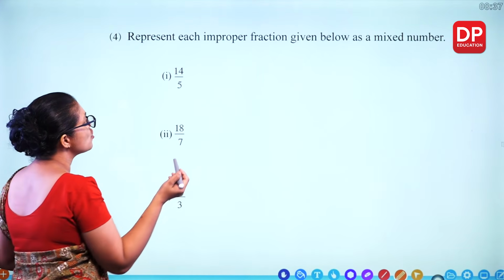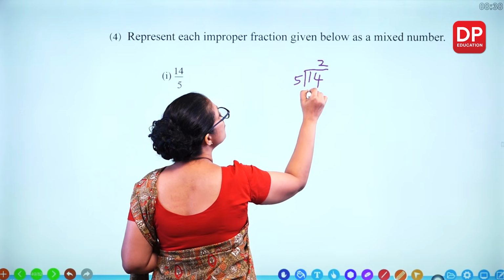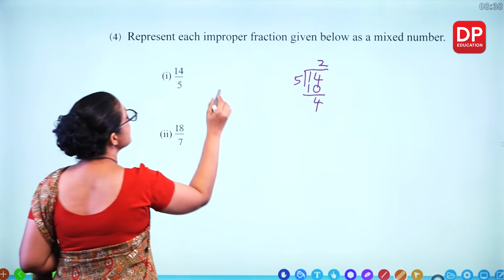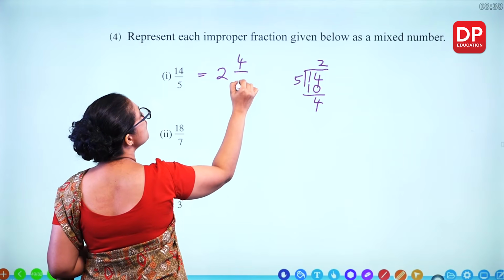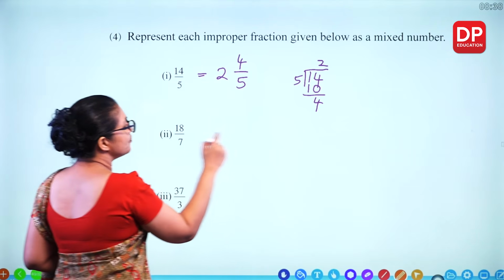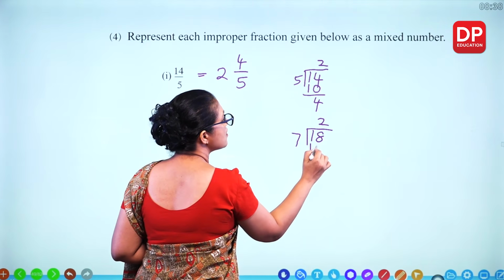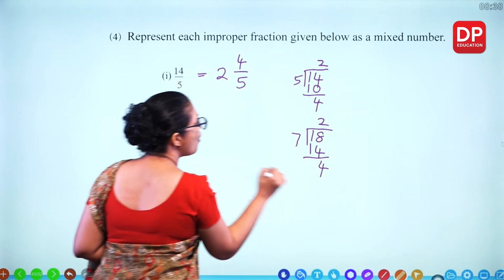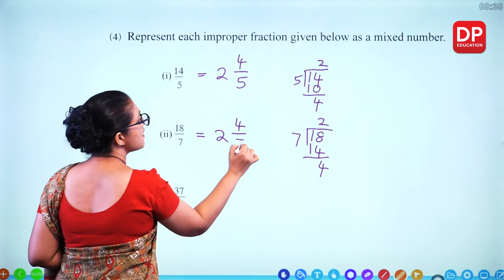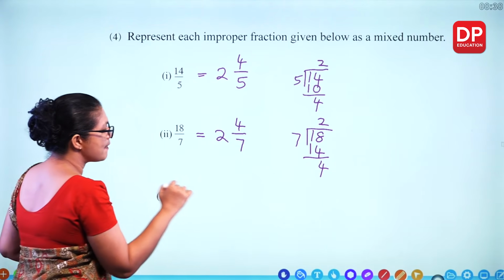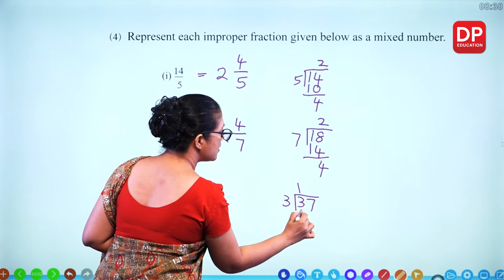Represent each improper fraction given below as a mixed number. That means long division. 14 divided by 5. 5 times 2, 10. 4 remaining. How you write? 2 whole parts and 4/5. 18/7. 18 divided by 7. 7 times 2, 14. 4 remaining. 2 whole parts and 4/7. 37/3. 3 times 1, 3.